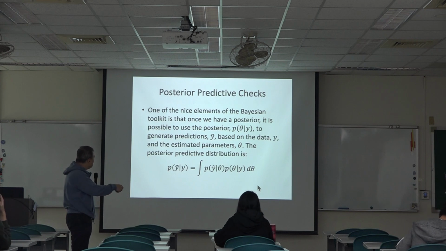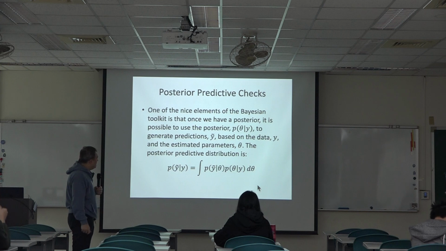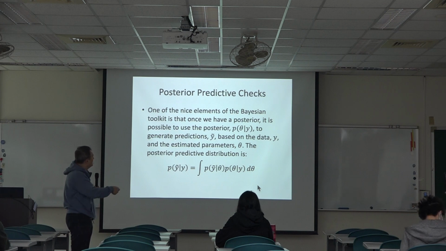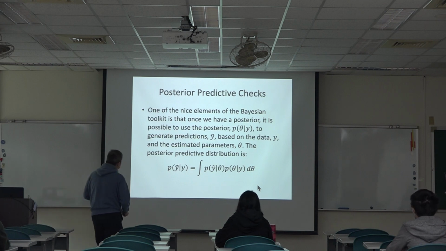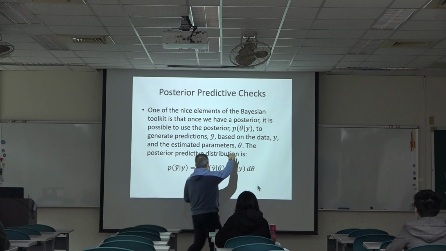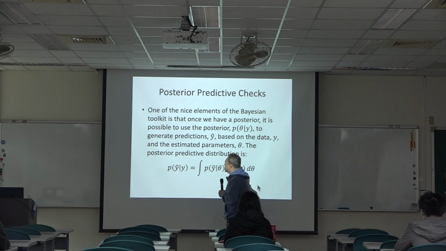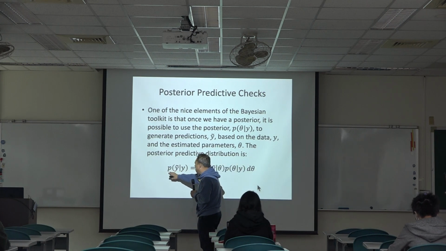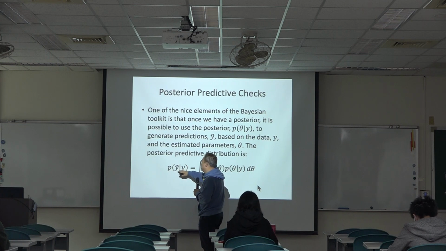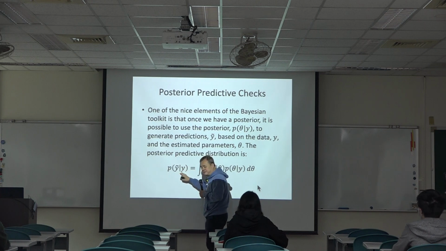So we know the posterior is the probability distribution of theta on the condition of the data, so it is denoted like this. And the posterior predictive check is to obtain the probability distribution of y hat on condition of the given data.